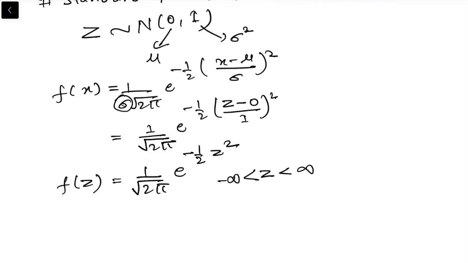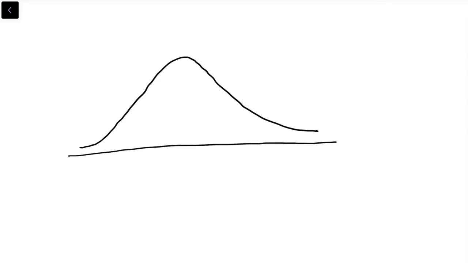And now let's look at the graph. So again, the graph is bell shaped because this is again normal distribution. This is only the special case. So suppose this is the graph. So the Six Sigma rule still applies in the standard normal.